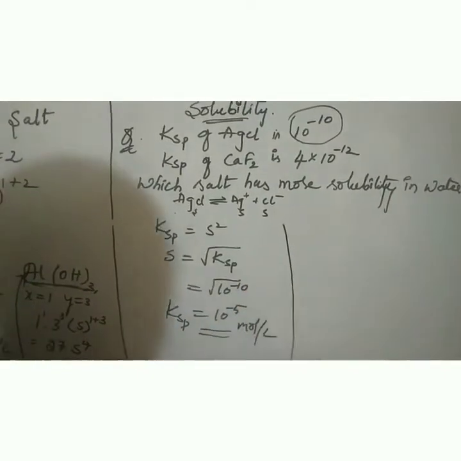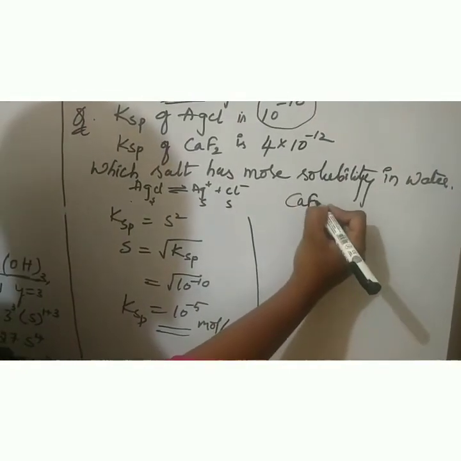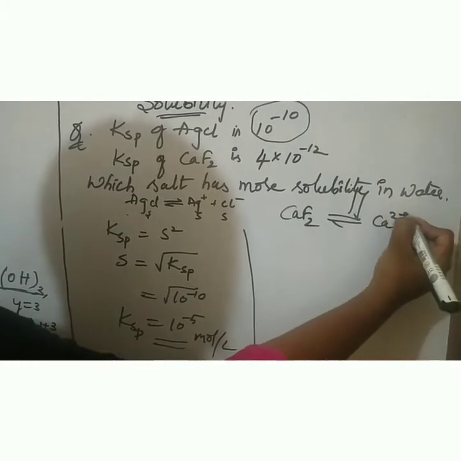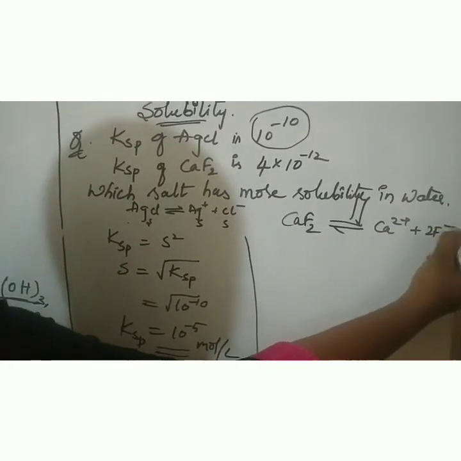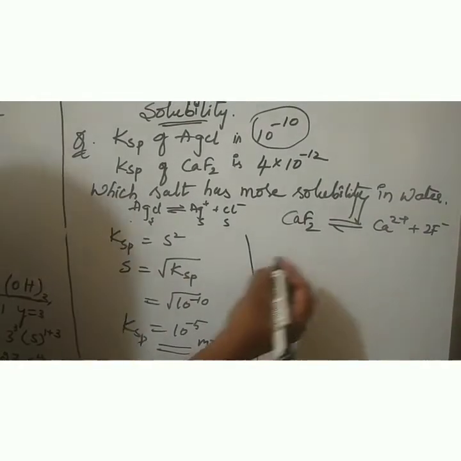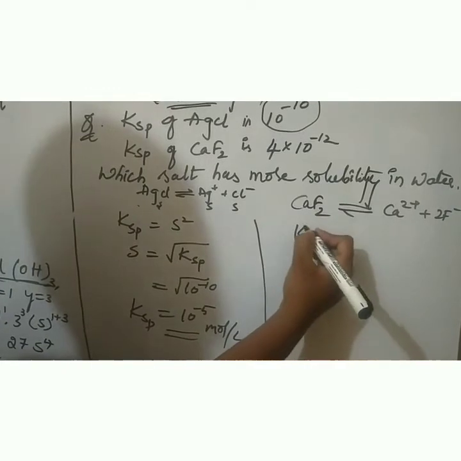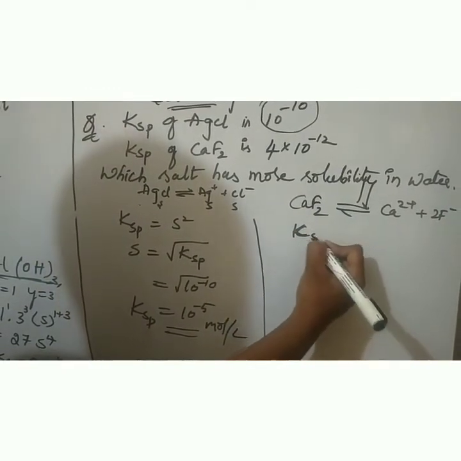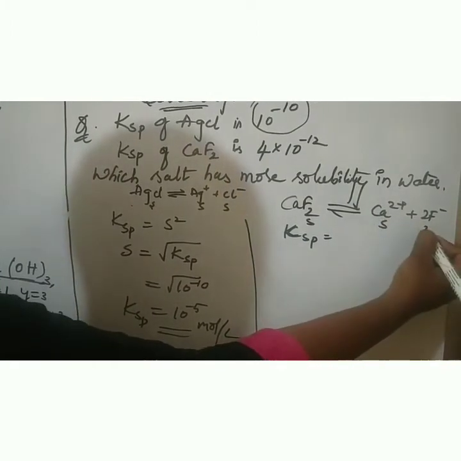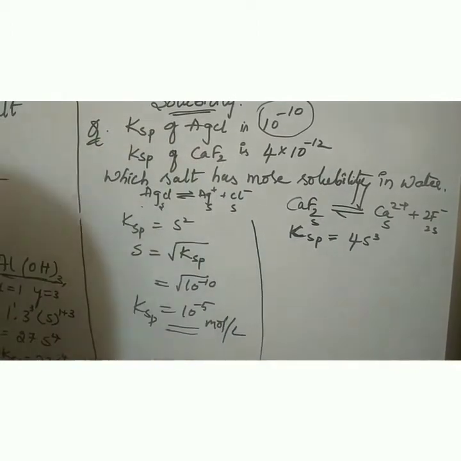Now moving to CaF2, which gives Ca2 plus and 2F minus, right? Here the solubility product is s, and for F it is 2s, so you will get 4s cube.